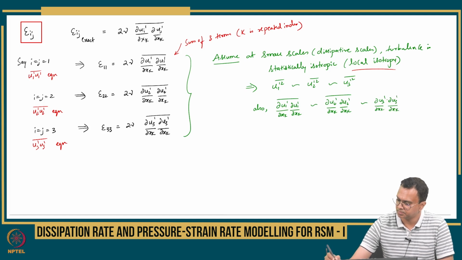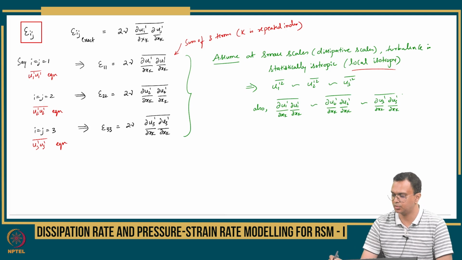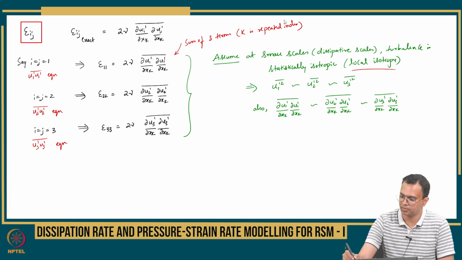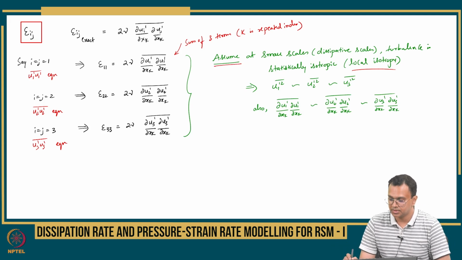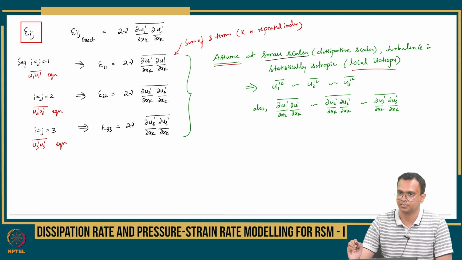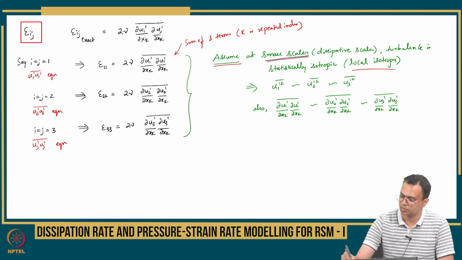Statistical isotropy or local isotropy will help me say that these three components are the same. That is the assumption we are making here. Now, this is not local isotropy at all scales, only at the small scales.